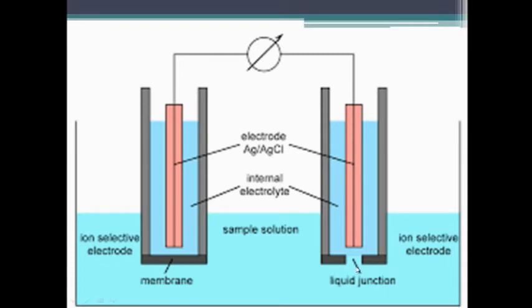This is the pH electrode. The potential difference generated between the outer layer and inner layer of the electrode, and the voltage is measured here. So this is the basic principle.